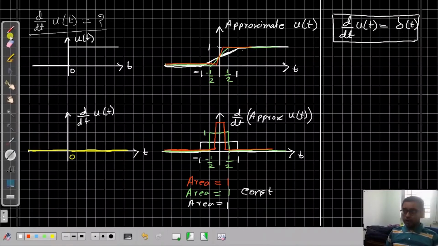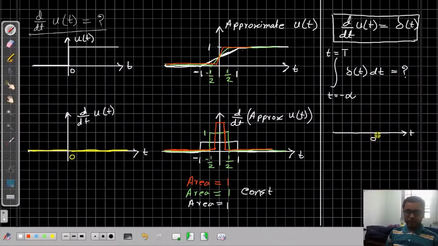I can also ask the opposite question, that what is the value of this integration of delta(t) from time t equal to minus infinity to t equal to some constant capital T. How much is this? Let me draw the delta function.